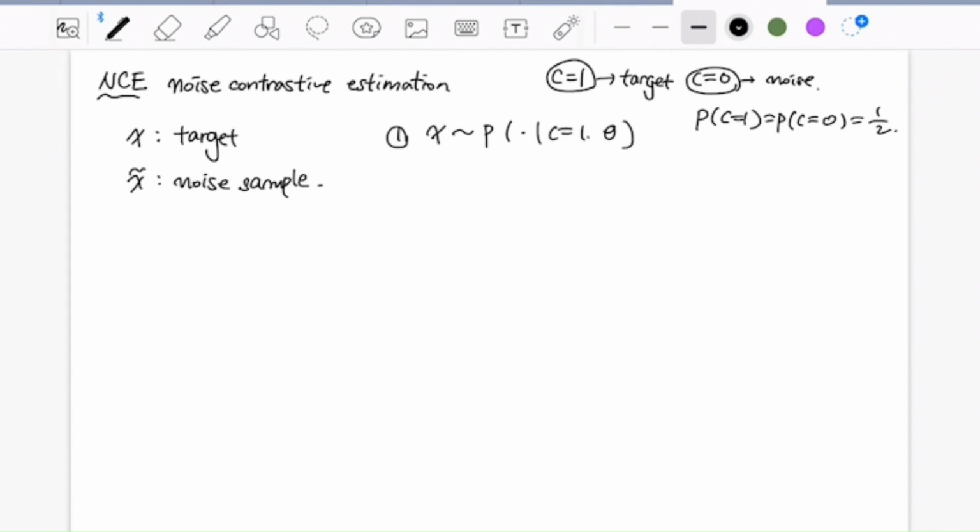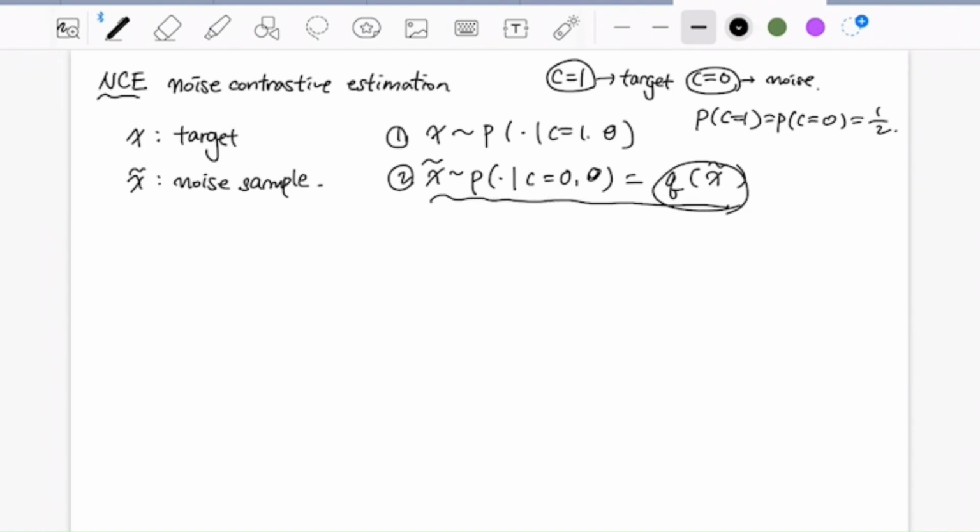Okay, now we can say x tilde is from the probability of x when C equals 0, and also we have theta, and we denote this as q(x tilde). I wrote it like the posterior. This should be tractable to evaluate. Our objective is the logit of the sample u.